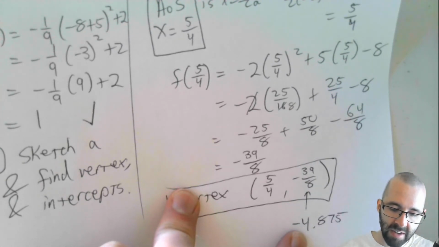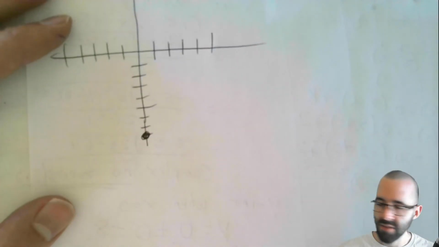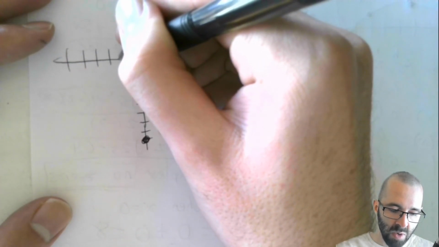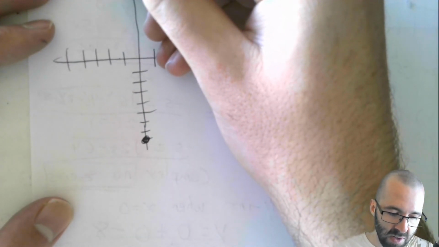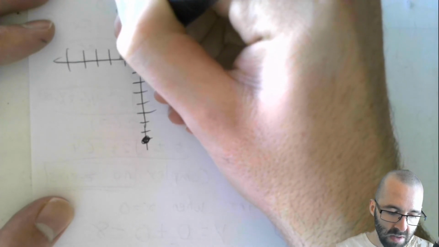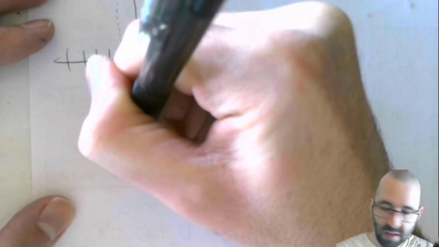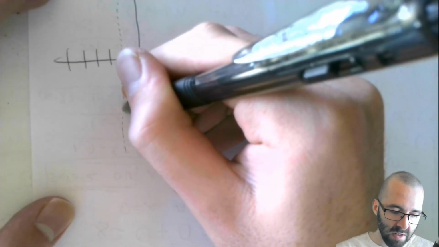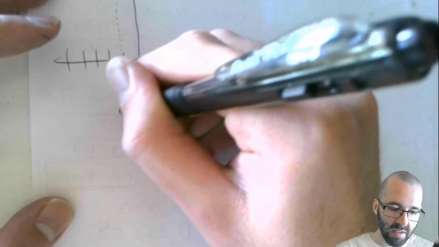It's almost -5. 5/4, that's 1 1/4. 1 1/4 is here. That's our axis of symmetry. And almost -5 is the y coordinate of that vertex.